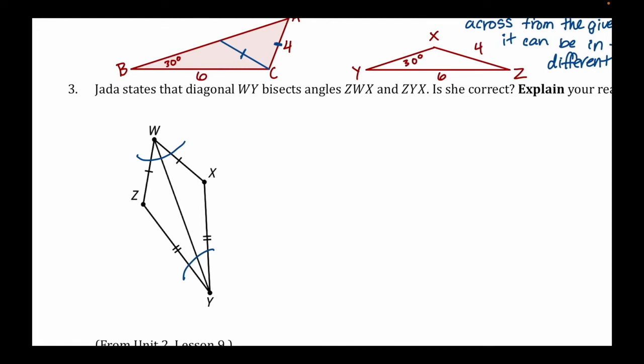We are going to say, sorry, I'm going to erase those. We are going to say, yeah, we'll have to state the side thing. So triangle, I'm just going to use the order they gave me here, ZWX. Nope, that's not the triangle. It is ZWY.